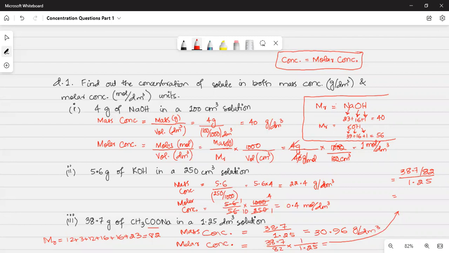Okay, let me tell you something. On the other side of multiplication, I hope you took this one as 38.7 and this one over 82. For the multiplication section, let me read it, it's a little messy, a little difficult to understand. When you're writing 1,000, then you're supposed to write the volume in centimeter cube.